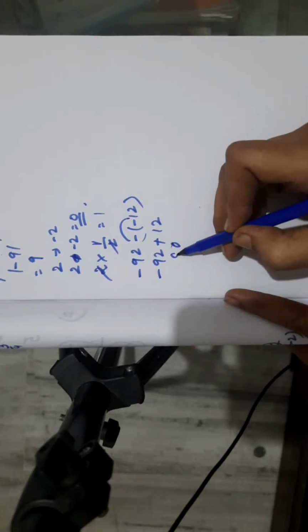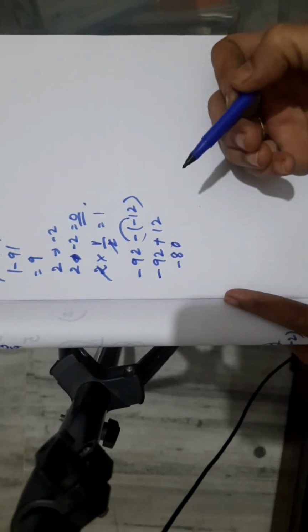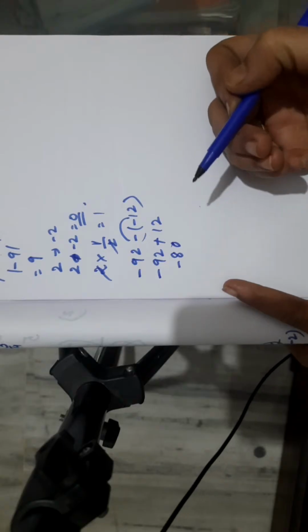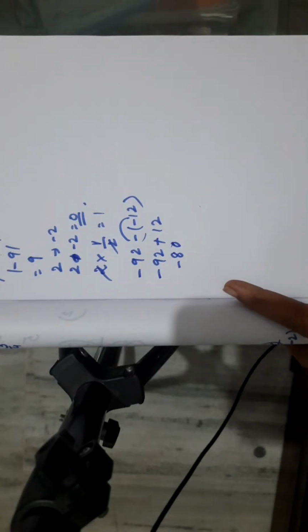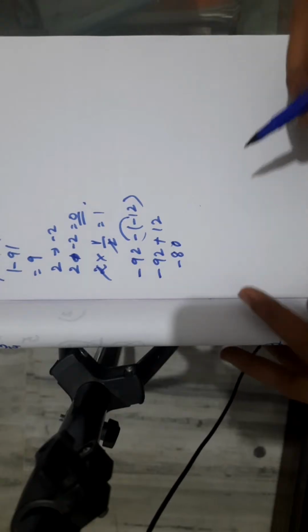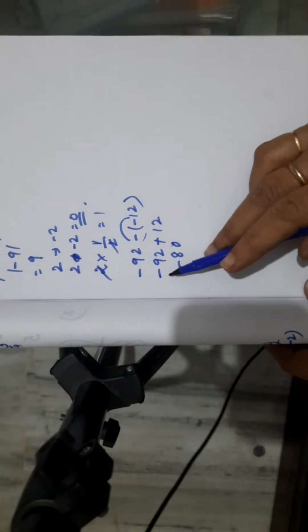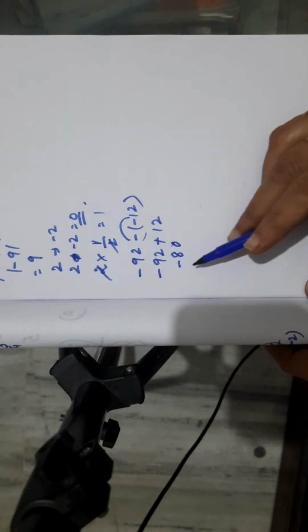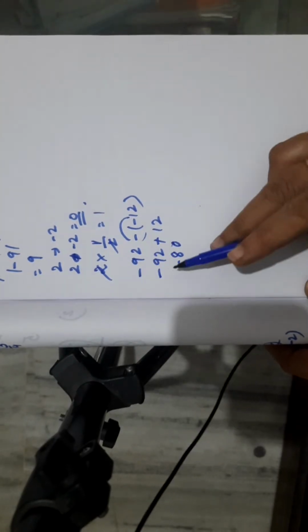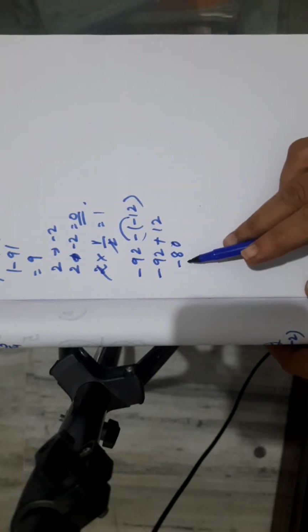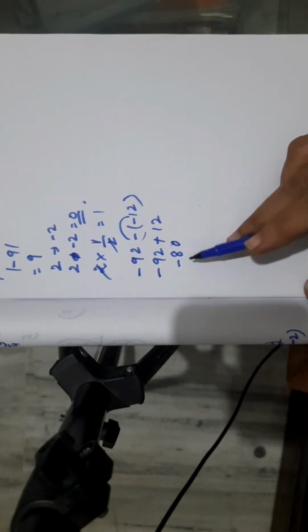So it's minus 80. Always the bigger number's sign is to be given. While subtracting two numbers, we'll simply subtract. If the signs are different, then whatever the bigger number's sign is, that should be given to the answer. Here 92 is the bigger number, where minus is there, so the answer will be minus 80.